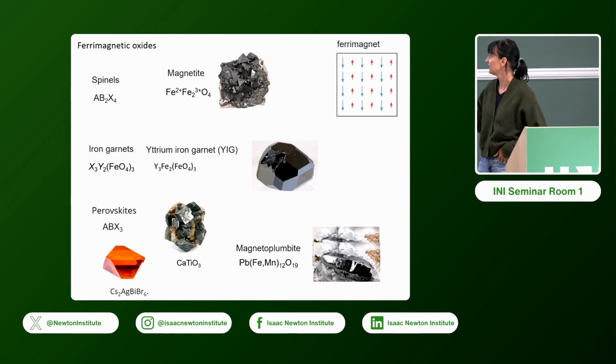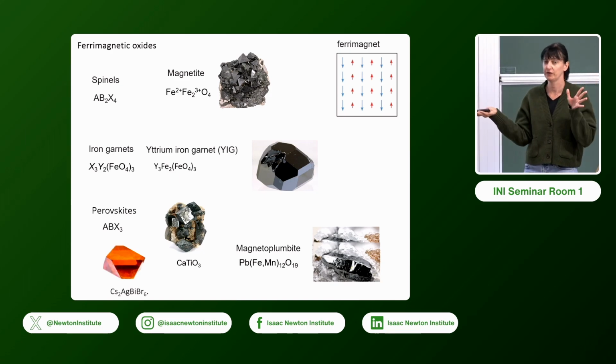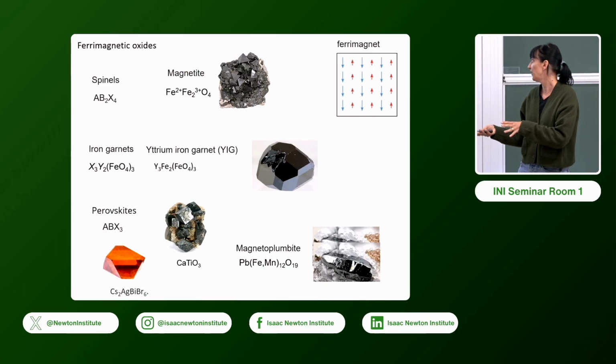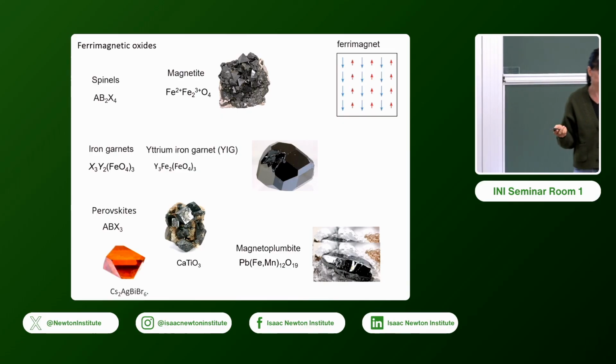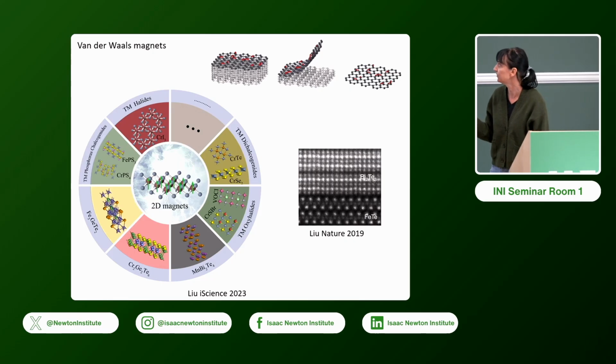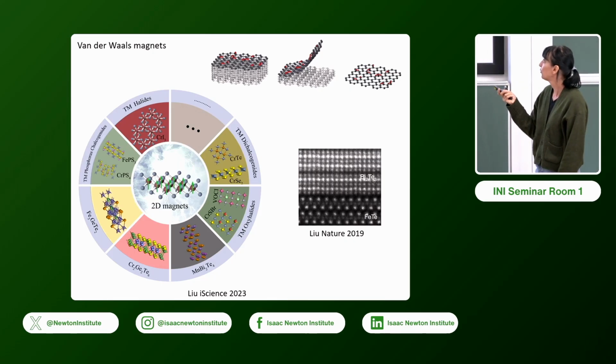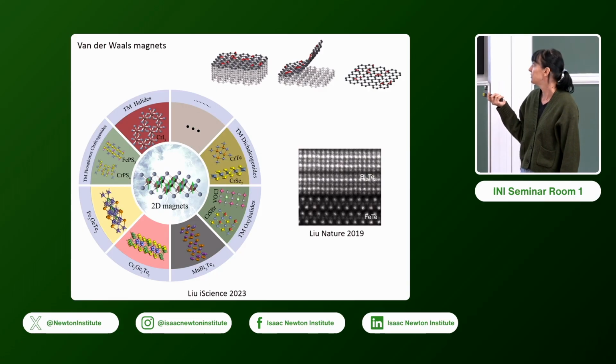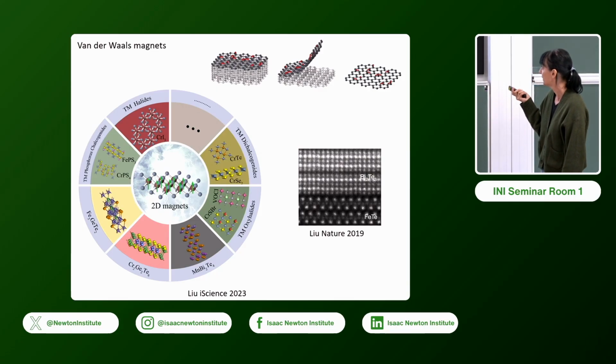All of these have unit cells that are awfully complicated, and they are not uniaxial, but they are made uniaxial by growing on special substrates. And the third type of material is a more recent and fashionable type of magnetic material, which is called van der Waals magnets.